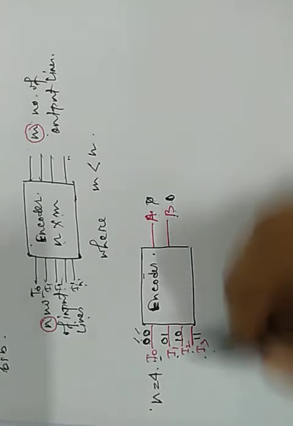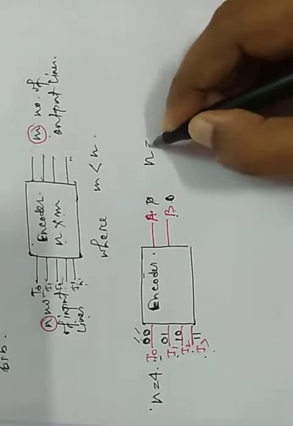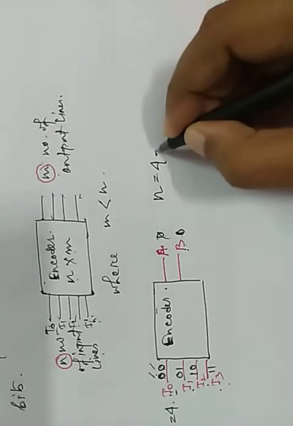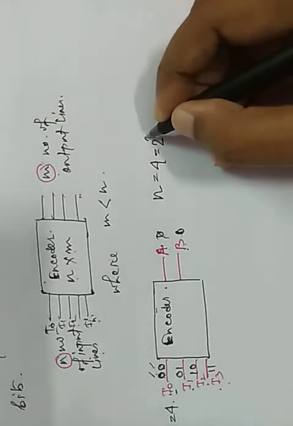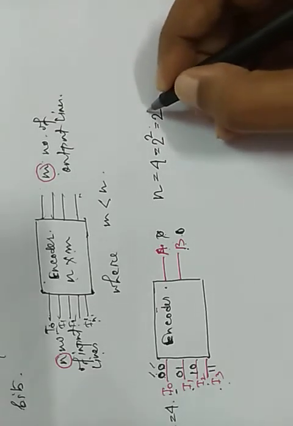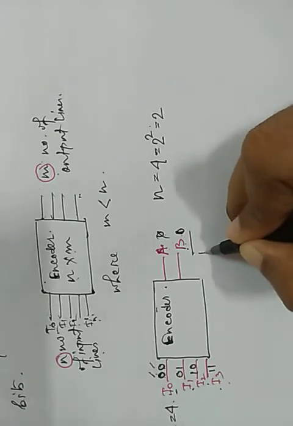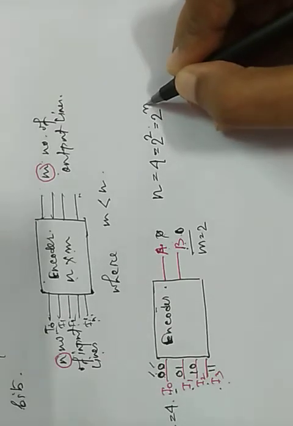So if the number of input lines is n equals 4, then we need output lines such that 4 equals 2 to the power 2. This is the output line, m equals 2, so we can write 2 to the power m.